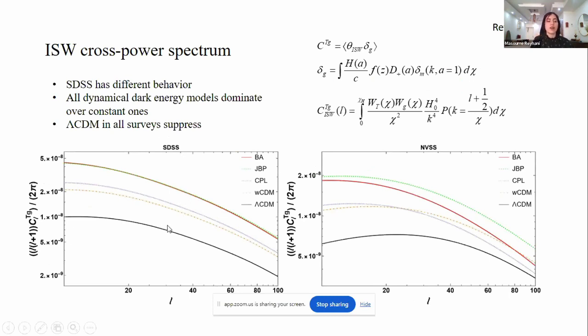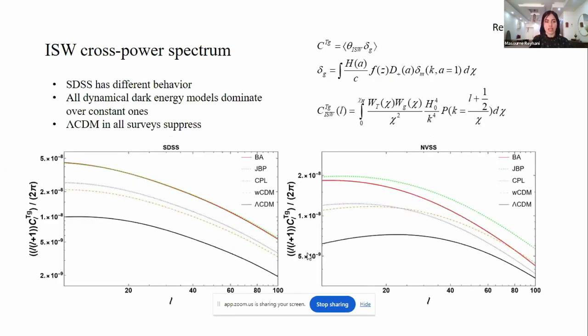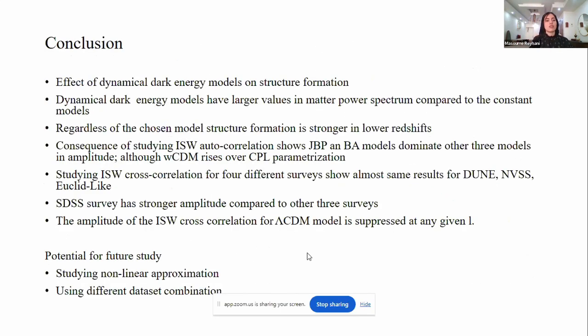As we can see here, all dynamical dark energy models are dominant, or higher in amplitude, compared to the constant one, and it's a little hard to discriminate between JBP and BA, especially at lower L. And you can see that for all cases, the wCDM model is subdominant in terms of the strength of the ISW power spectrum.